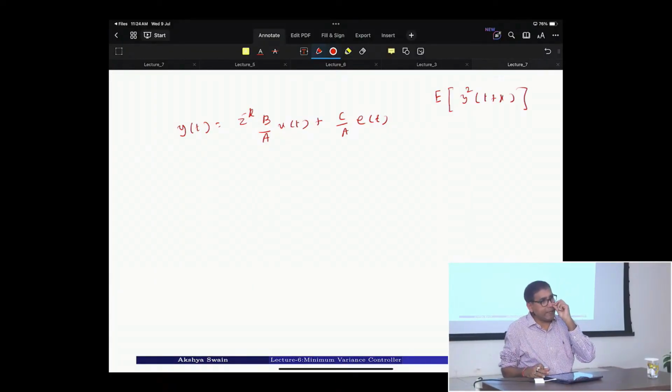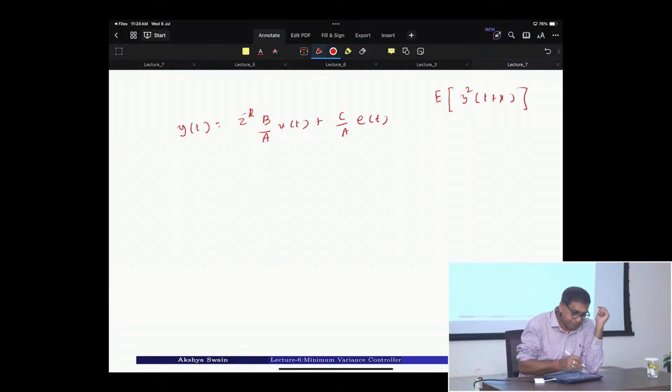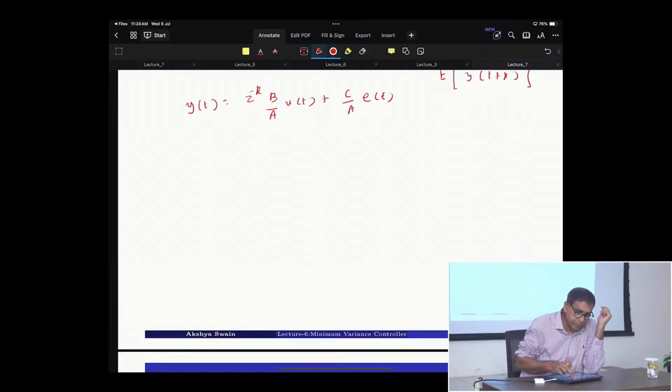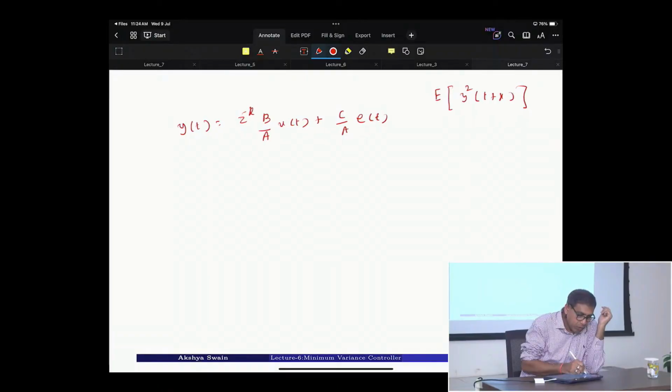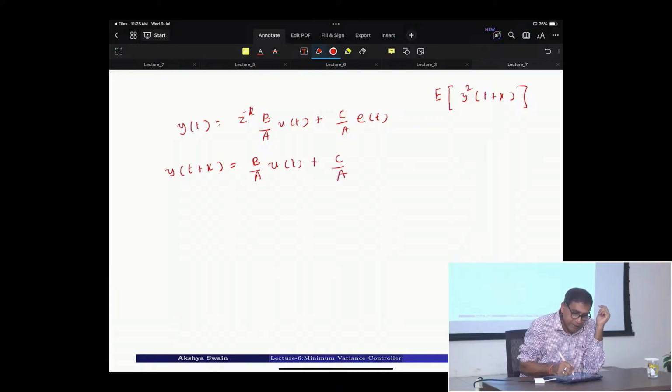It minimizes the variance of the k-step predicted output. Right? So what is y t plus k? Y t is this one, so it will be equal to b by a u t plus c by a e t plus k.